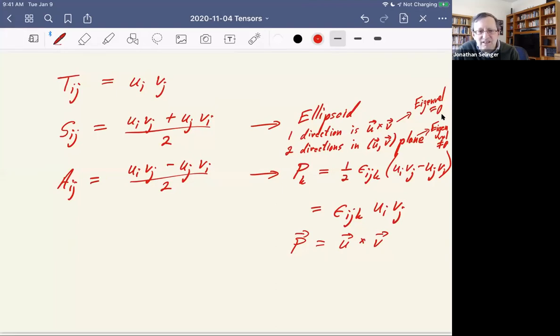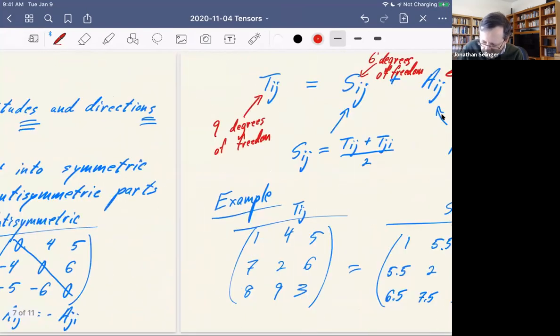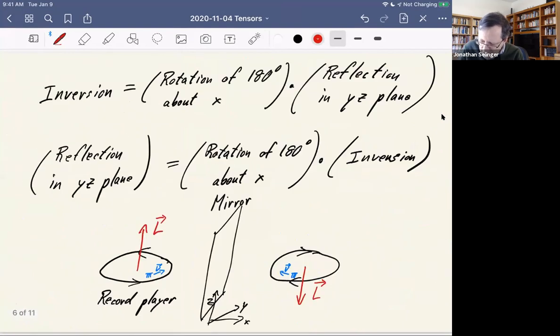I have a small question. Could you please go back to the page where you were talking about the reflection transformation of a pseudo vector? This one? Right, this one.